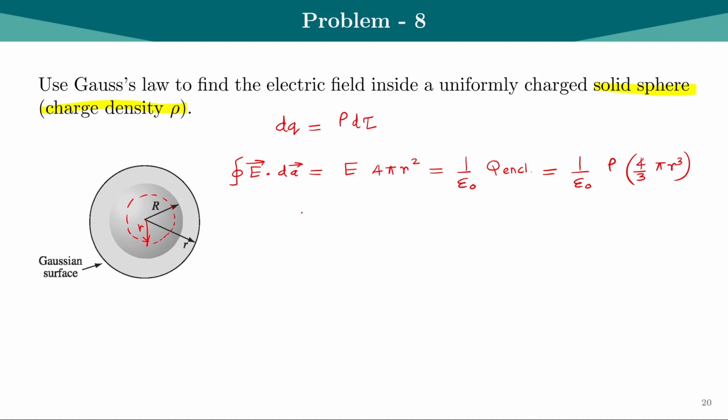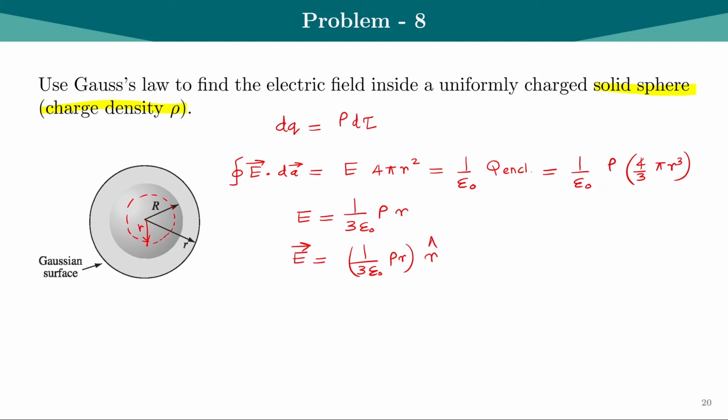This equation gives us E as equal to 1 over 3 epsilon 0 rho times r. Or vectorially, E is equal to 1 over 3 epsilon 0 rho r times r hat.